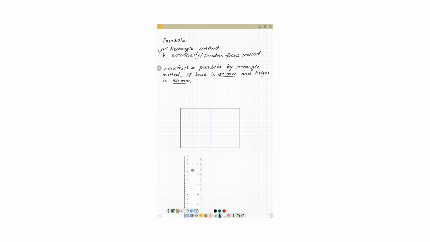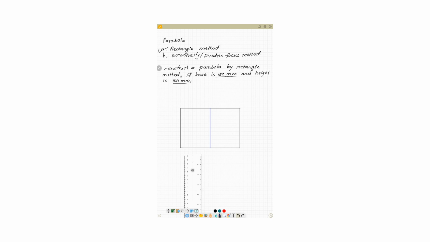Now the next step is to consider this half portion of the rectangle, which has dimension 75 by 100 mm, and carry out the construction to locate the points in order to get the parabolic curve. To locate the points, we consider the horizontal part, that is the base, and the height of this smaller rectangle, 75 by 100.